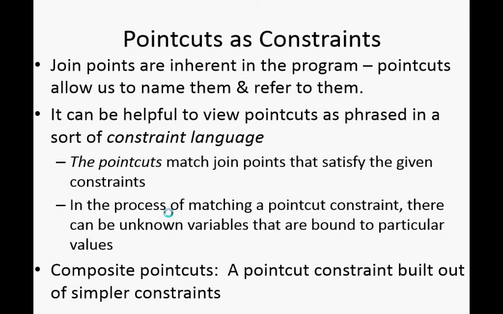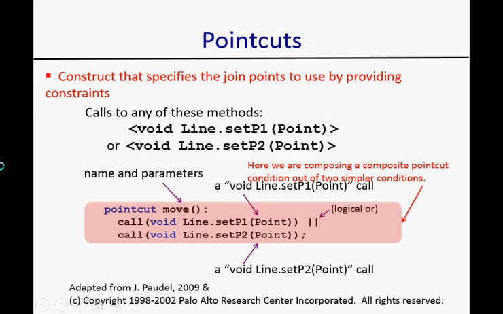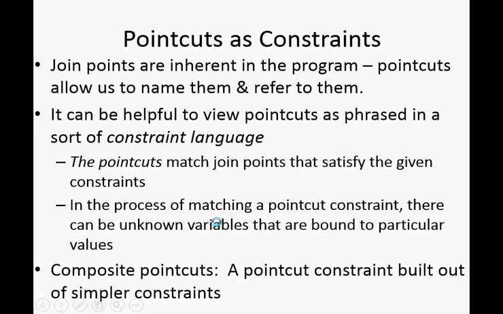Okay, and there's this constraint language that matches join points to satisfy certain constraints. And in some cases, the constraints can be more sophisticated, for example, involving some pattern matching of sorts. When we match up a certain point cut constraint, often what we're going to do is bind variables.